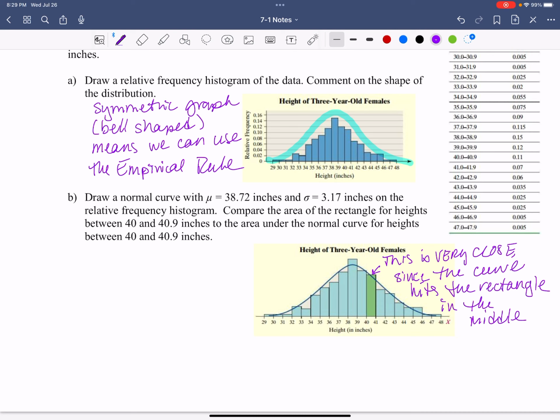So this is very close. And notice how it's basically hitting that rectangle right in the middle, kind of splitting it in half between what's under the curve and what's outside of the curve. And then those kind of even themselves out.